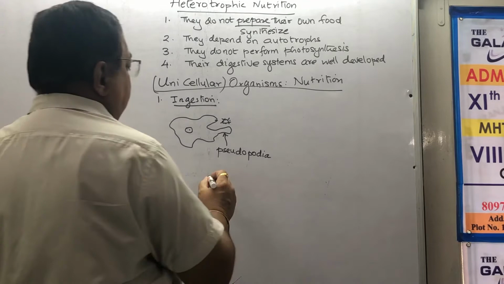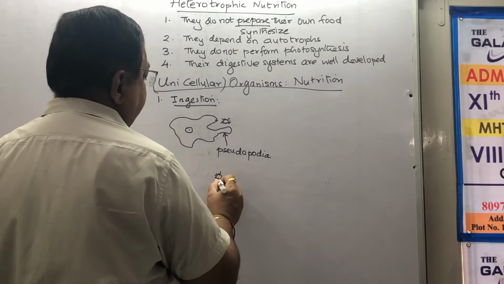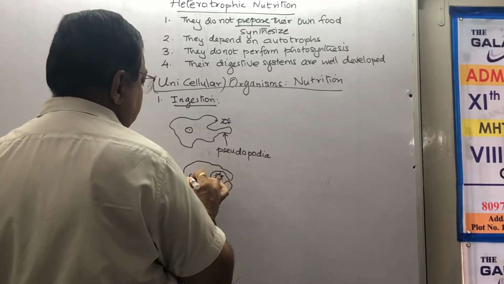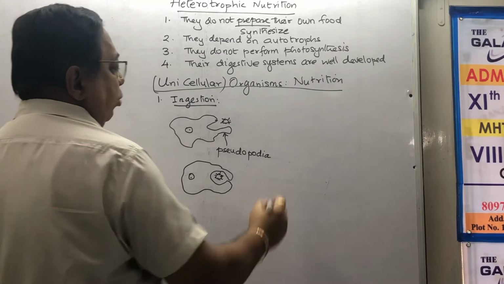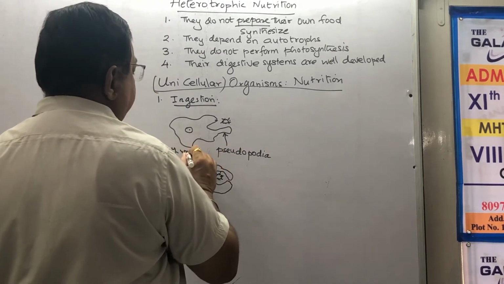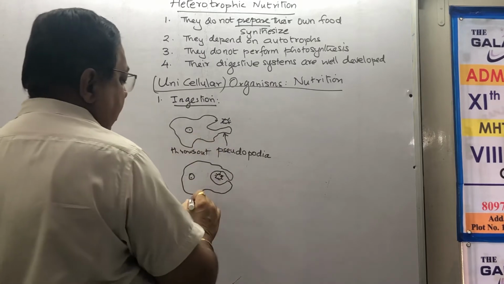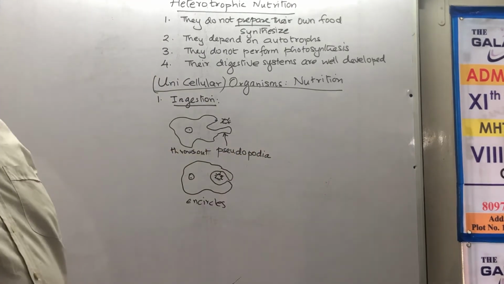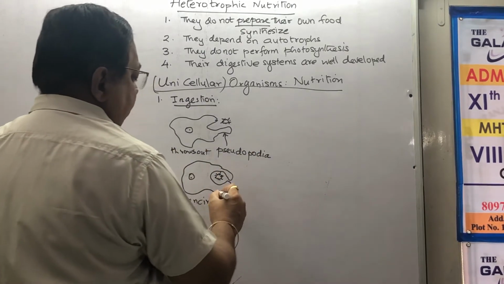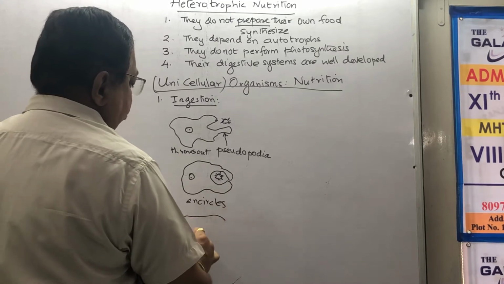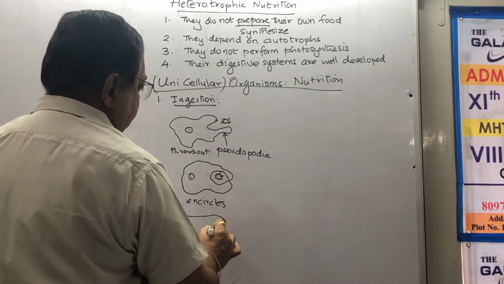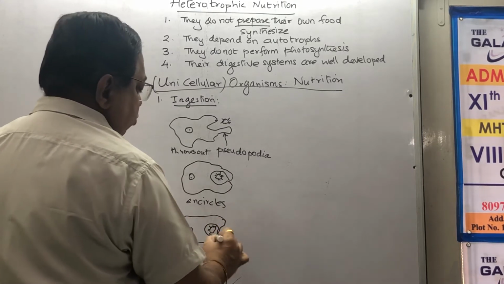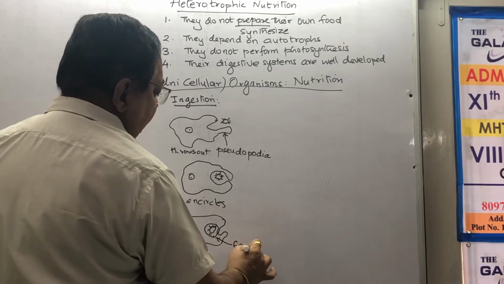Then it will encircle the organism with its pseudopodia. So first it throws out pseudopodia. Second, it encircles it. Third, the pseudopodia join and it absorbs it into the body. So this organism has come in like a vacuole inside. This is the food vacuole.